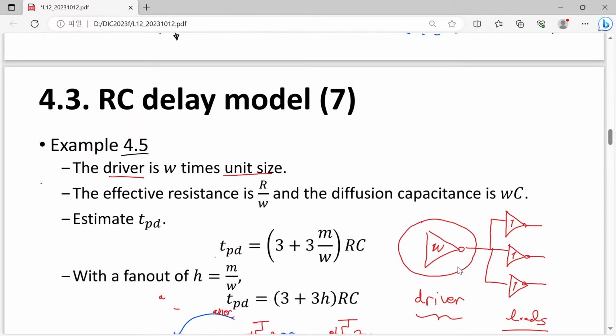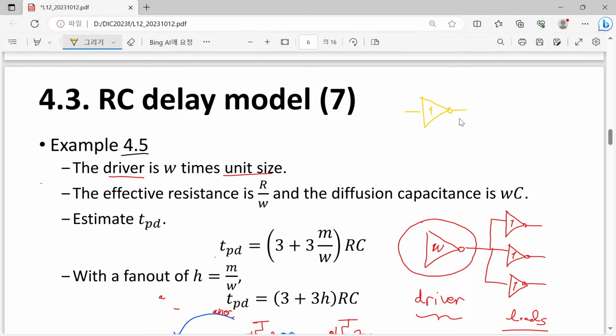Simply speaking, here we have a unit strength inverter. After that we just added 3MC, and now we have a more powerful inverter, W times more powerful than the normal or unit one, and the same 3MC is attached.